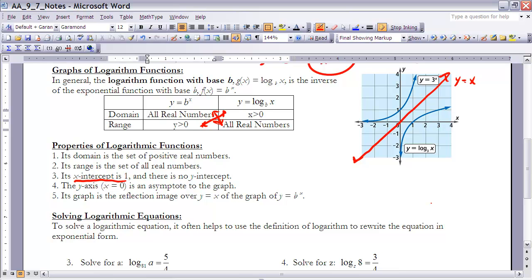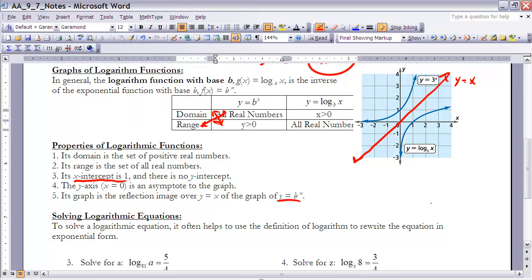The y-axis, which is x equals 0, is the asymptote of the graph. Remember, an asymptote is a line that a graph approaches but never touches, same as when we looked at the log base 10 of x. And finally, as we just talked about, both the exponential and the logarithmic are reflection images over the line y equals x.